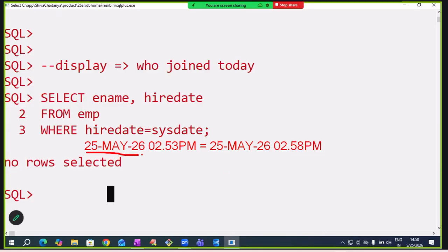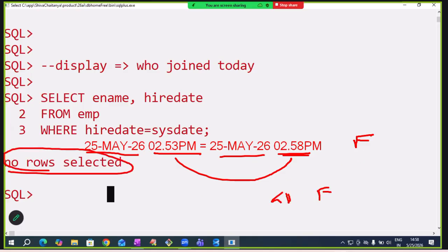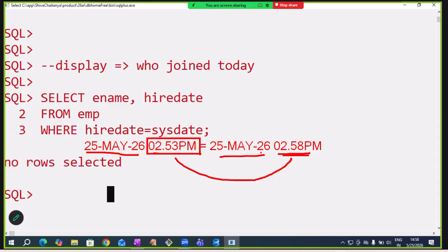So date values are equal, but the time is 2:53 versus 2:58. Is 2:53 equal to 2:58? False. All conditions are false, so we get no rows selected. First understand the problem here, then we can think about the solution. The problem is time here.